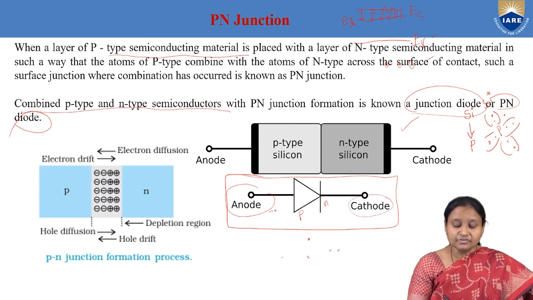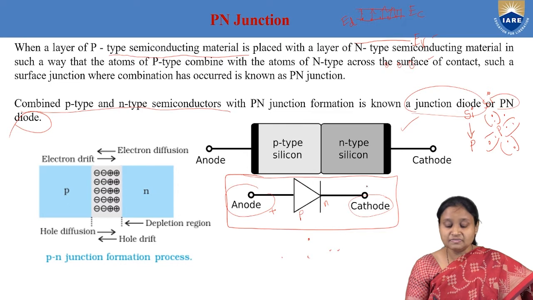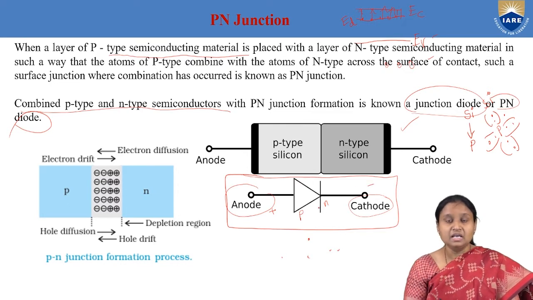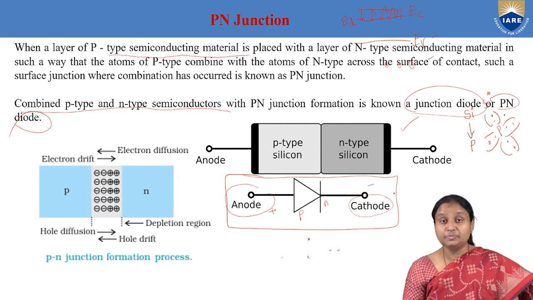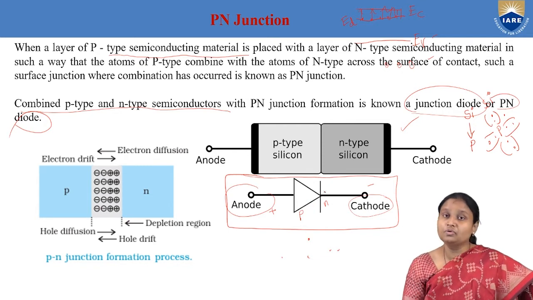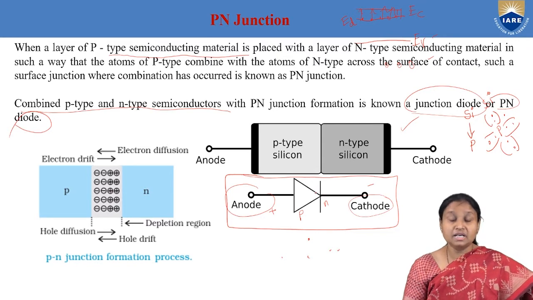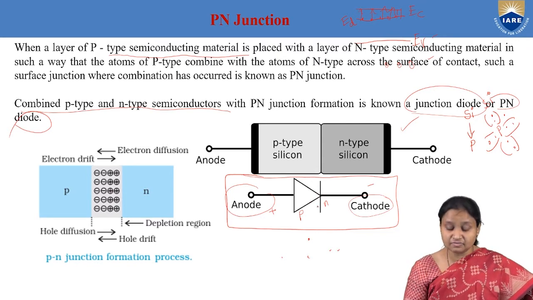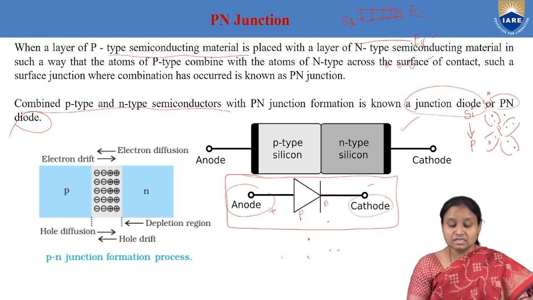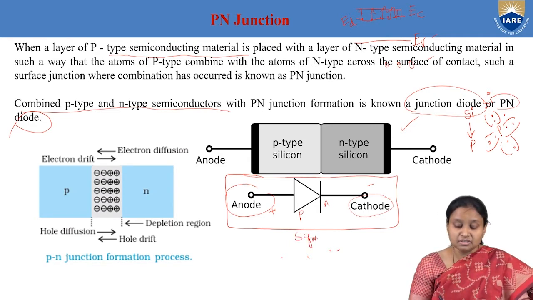So this refers to the positive side and this refers to the negative side. And this notation is taken as the symbol for the PN junction diode, where we represent it with a triangle followed by a vertical line. The triangle represents the P side, and the vertical line represents the N side. So this is our symbol for the PN junction diode.